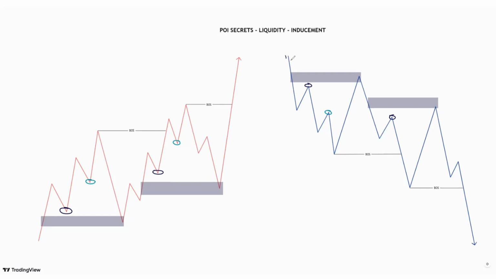Again, right, so again here, this is one leg, right? So this is how external structure looks, but we know that we don't trade external structure. External structure gives us the direction of the price, right? Then internally, this is it here, right?